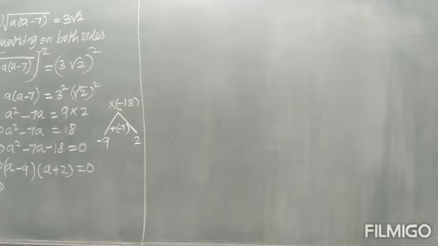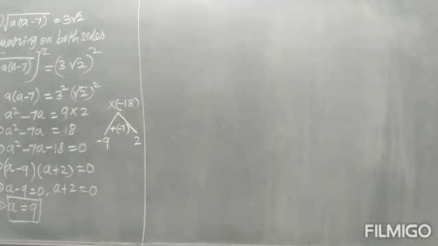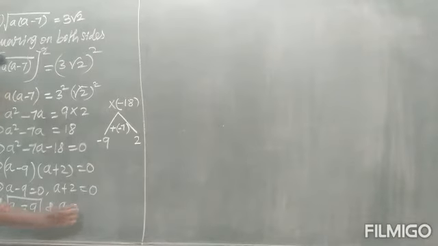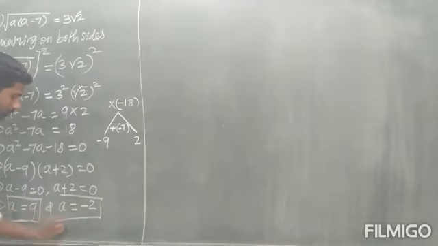So a minus 9 separately equal to 0, and a plus 2 equal to 0. a minus 9 is equal to 0, comma, a plus 2 is equal to 0. This implies the minus 9 goes to the right-hand side and becomes plus 9. So a is equal to 9. One of the answers. And one more answer: a is equal to, the plus 2 goes to the right-hand side, it will be minus 2.